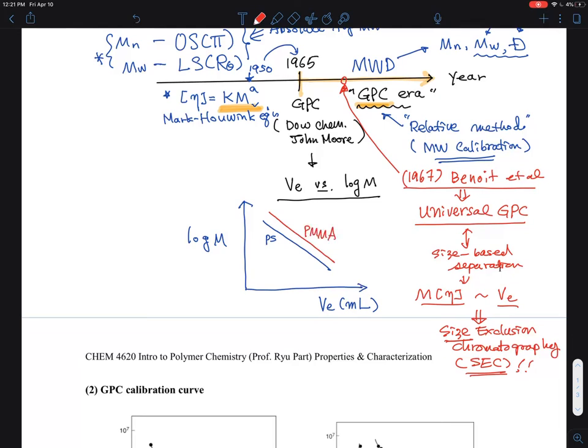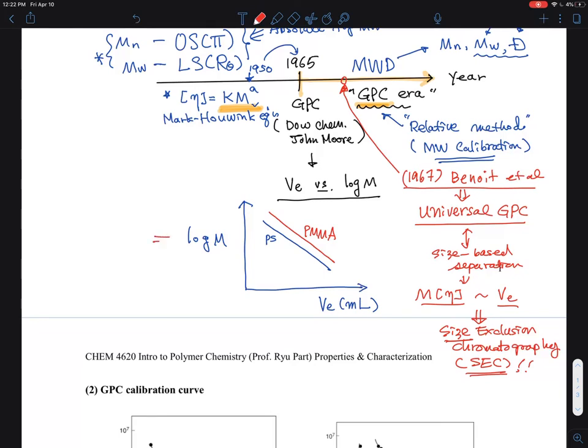They do follow different trends because of their size in solution, depending on the solvent quality. They swell in different ways, and so the molecular weight dependence on the elution volume is specific to the species of polymer that you use to generate this calibration curve.